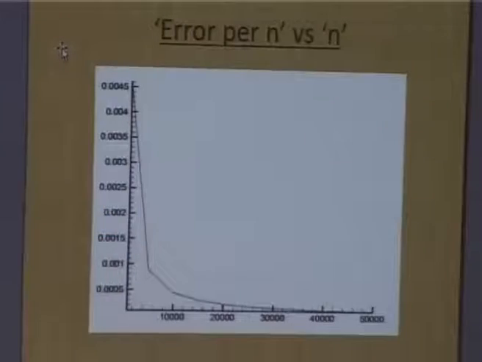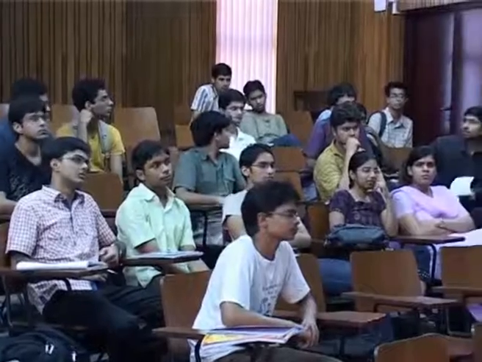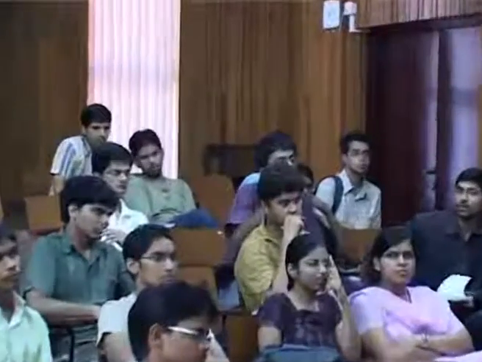What's the rationale behind plotting error by n versus n? This one? Yes. So, it is basically a sort of average error integrated over the domain. You have added the error for all the n points. Would error versus n be a better measure of this? Because this can be misleading.